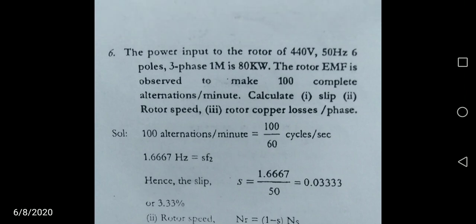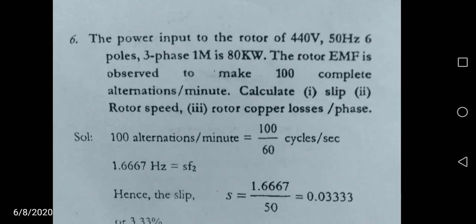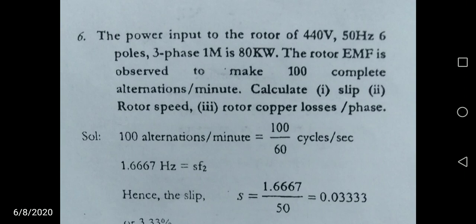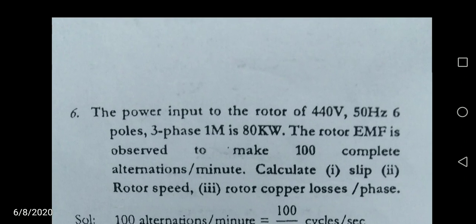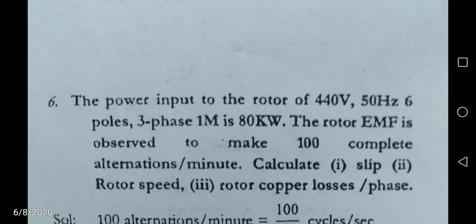The power input to the rotor of a 440 volt 50 Hz 6-pole 3-phase induction machine is 80 kilowatt.